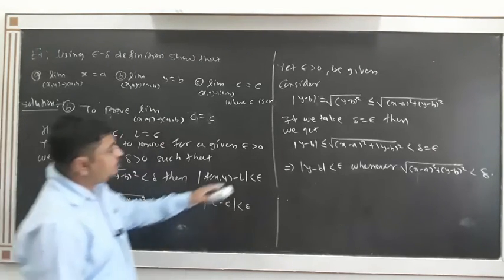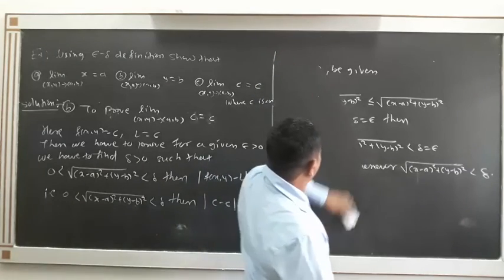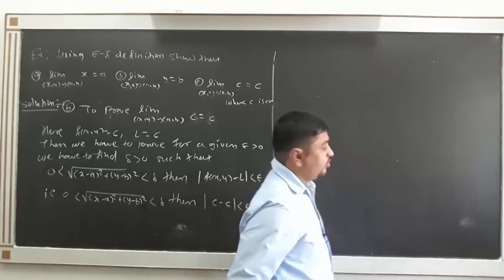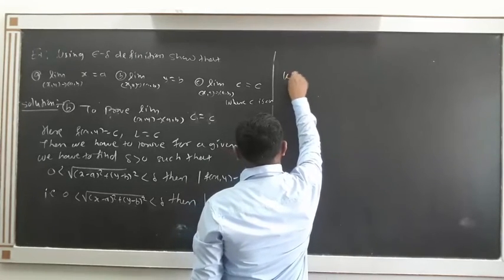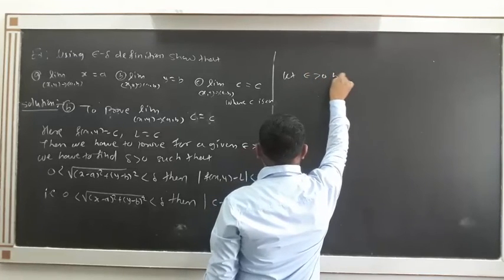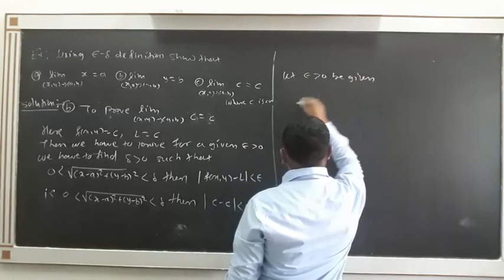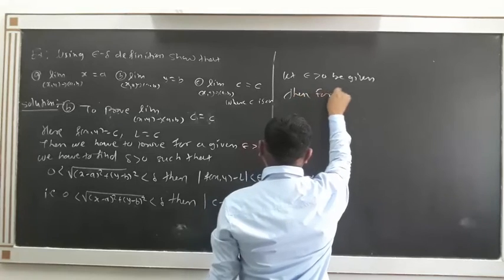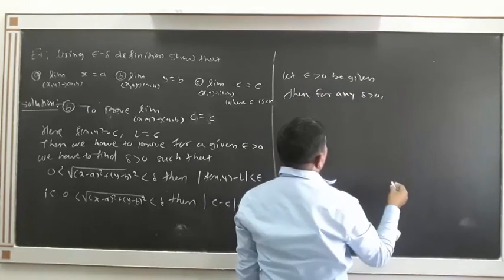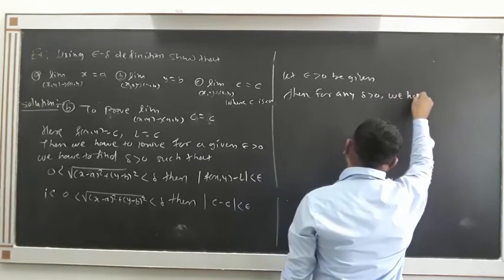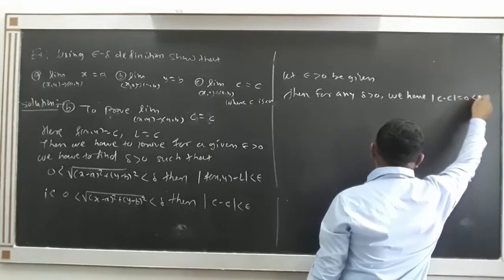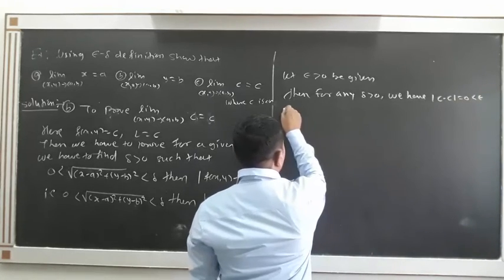So how do we solve this? Let epsilon greater than 0 be given. Then for any delta greater than 0, we have c minus c is equal to 0, which is less than epsilon.